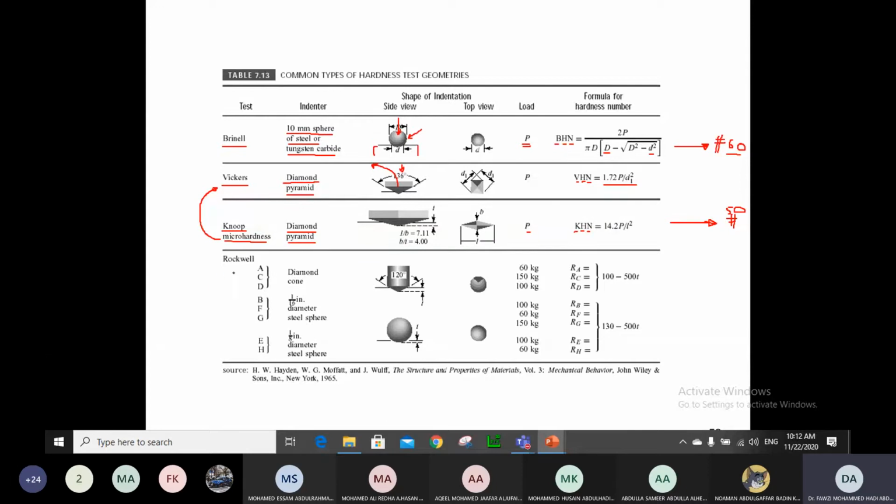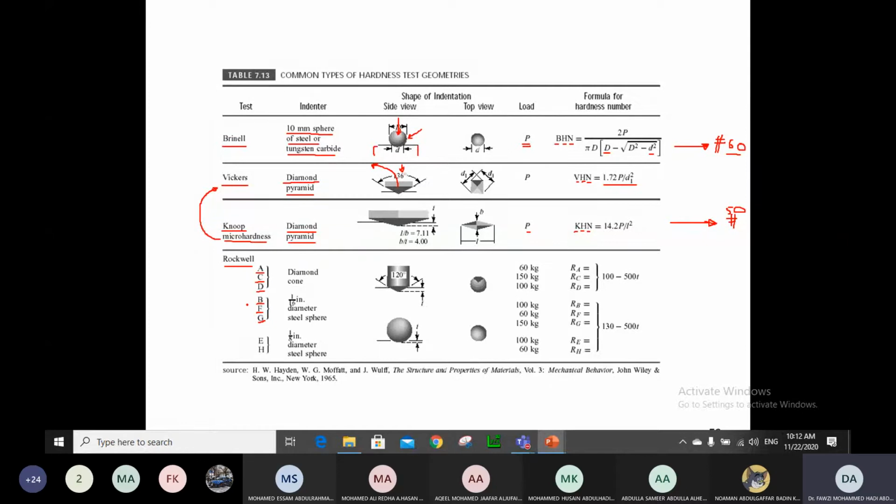The last method that we want to look at is called the Rockwell hardness test. The Rockwell hardness test comes with different scales. For example, we have scale A, scale C, scale D, scale B, scale F, scale G, and so on.